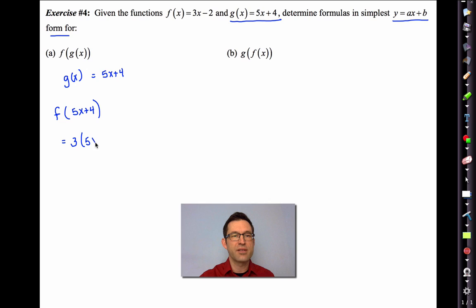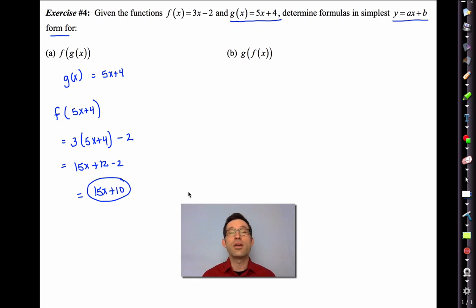It's 5x plus 4. So I'm going to take that input, multiply it by 3, and subtract 2. Doing the distributive property, that would give me 15x plus 12 minus 2, and 15x plus 10.